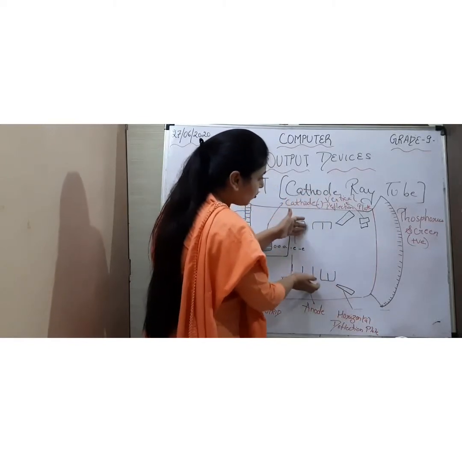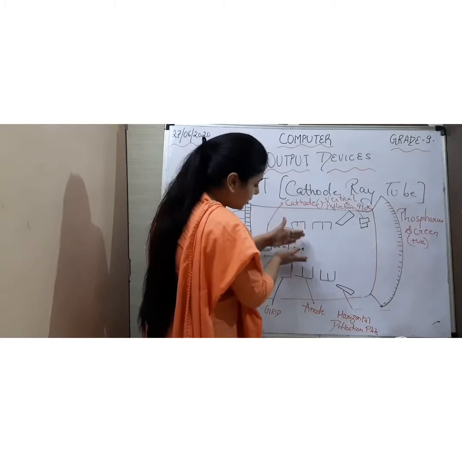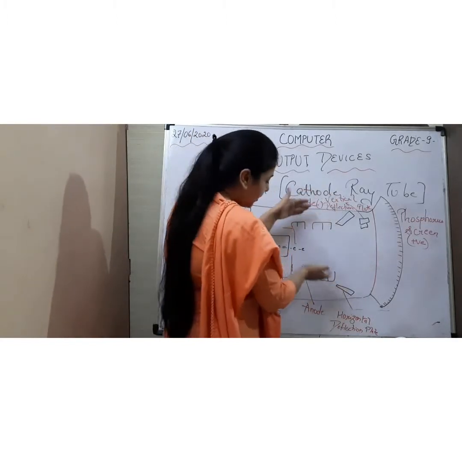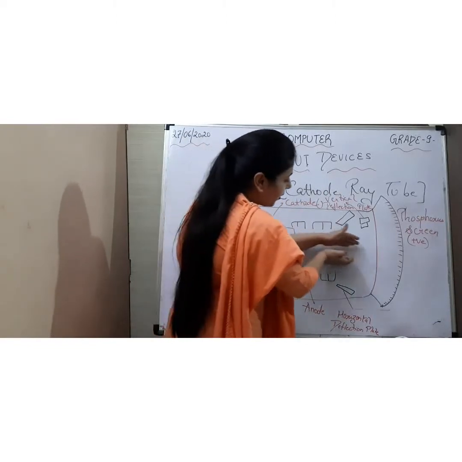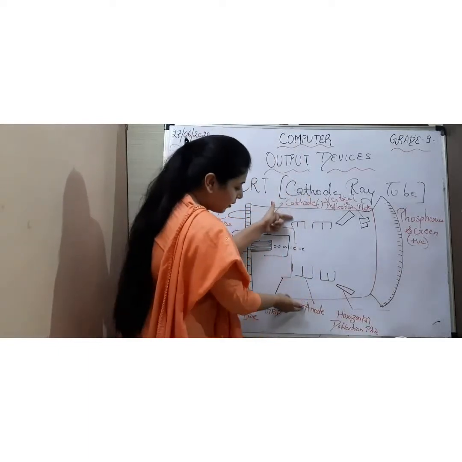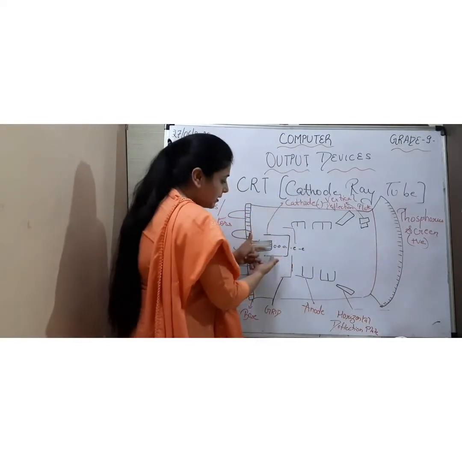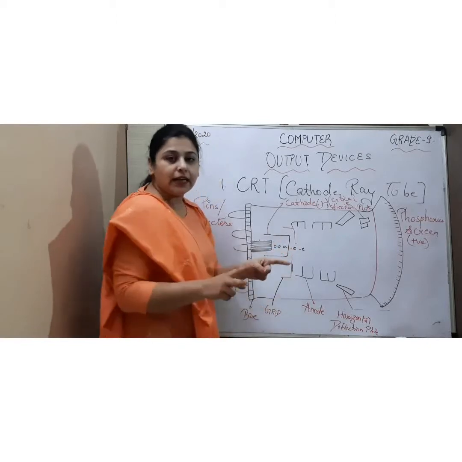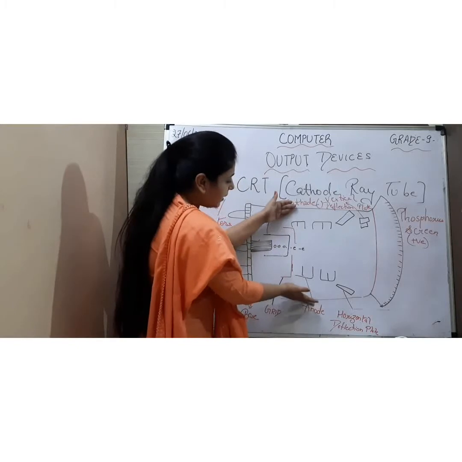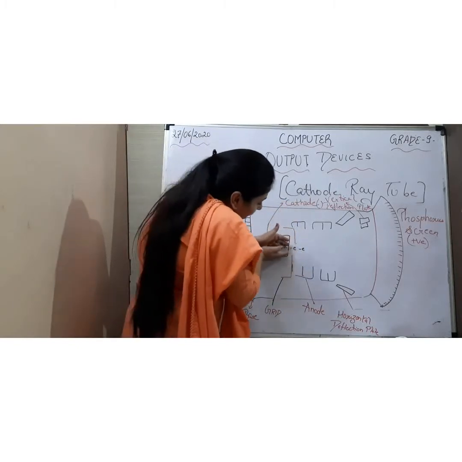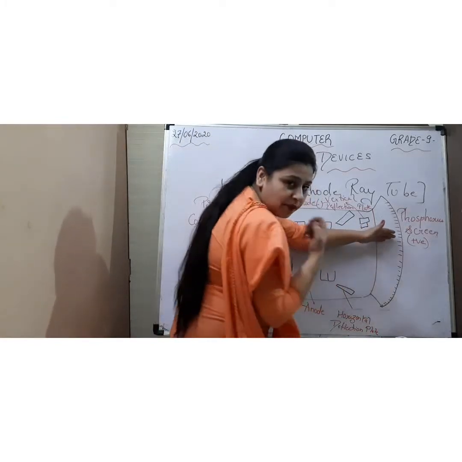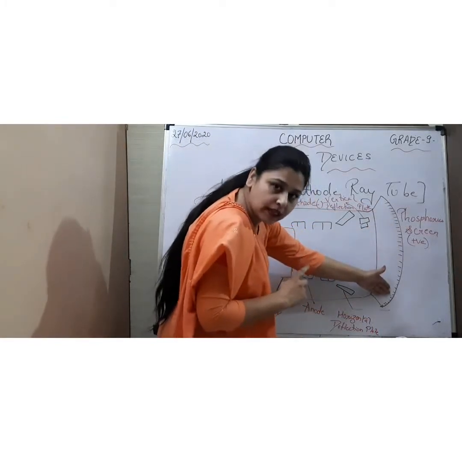They don't allow your electrons to go out of this area. They help the electrons to travel straight to the target. Because anodes are positively charged and electrons are negatively charged, they attract each other. So instead of going out, these electrons are accelerated so that they go on a straight path to the output screen.